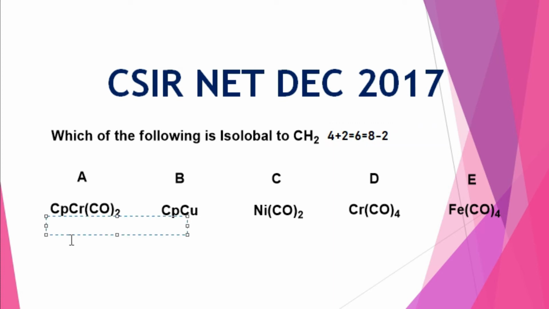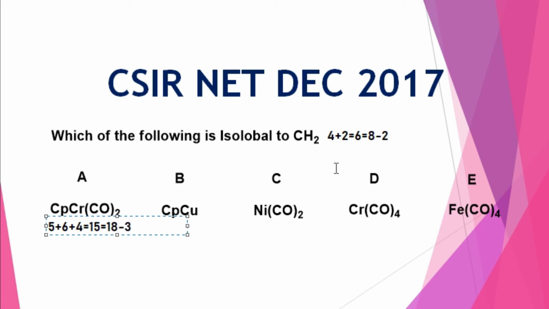So we have to find out among these A, B, C, D, E, which compound needs 2 electrons to fulfill its valence shell. So Cp, which is the cyclopentadienyl ring, donates 5 electrons, and after that chromium, which has 6 valence electrons, and there are 2 carbonyls, so 2 from each carbonyl, which is 4. So we get 15. So we can write 15 as 18 minus 3.